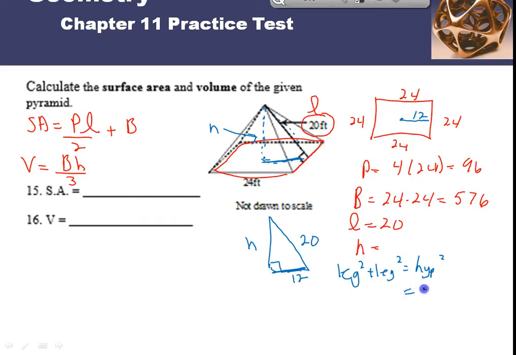The hypotenuse is 20, and the legs are h and 12. So h squared and 12 squared. So I get h squared plus 144 equals 400. And 400 minus 144 is going to be 256. So h squared equals 256. And I believe the square root of that is 16. Let's check. Yep, 16.